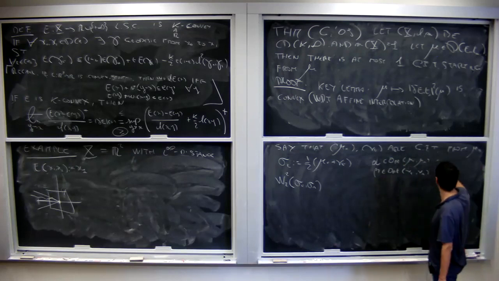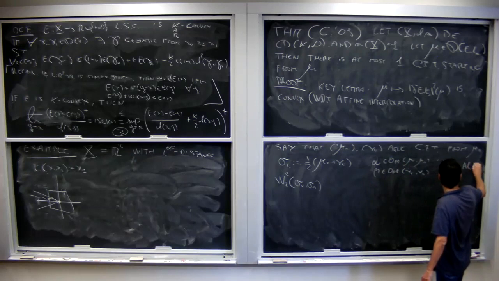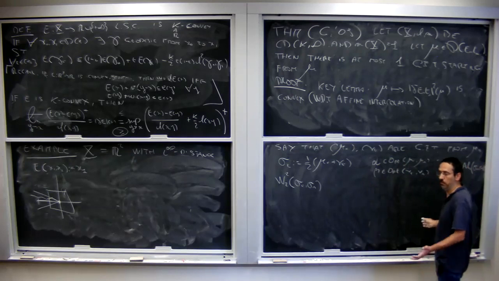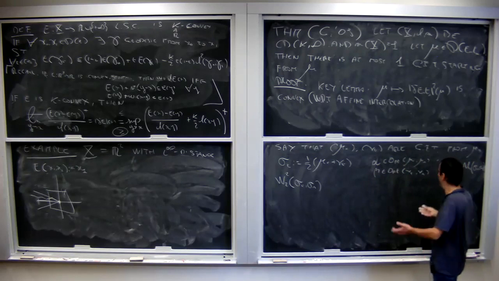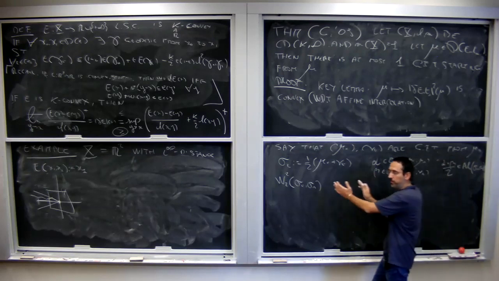If you take their average, (alpha plus beta) divided by 2, this is at least an admissible plan from sigma_t to sigma_s.